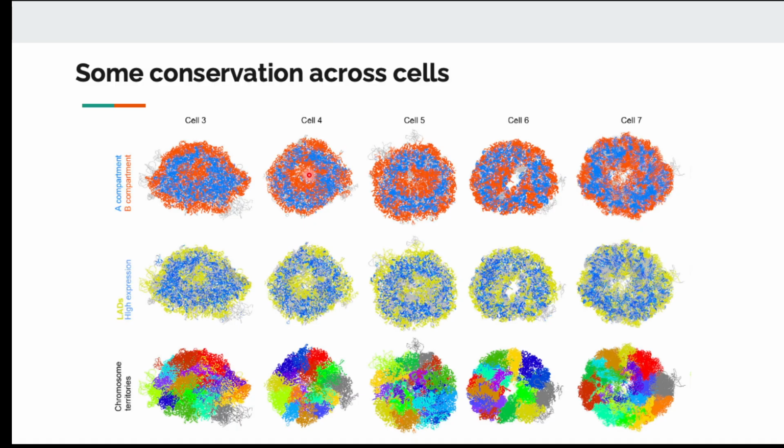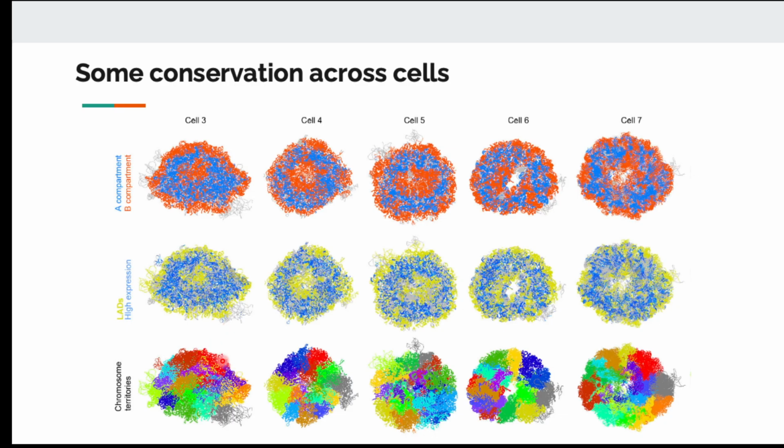But if we ask what is the organization of the AB compartment, euchromatin, heterochromatin, the location of highly expressed genes and deactivated genes, and the position of the chromosomes, even though the pattern might not be the same, they are still organized the same way. There are still A and B compartments, and one of the compartments is associated with high expression, the euchromatin.